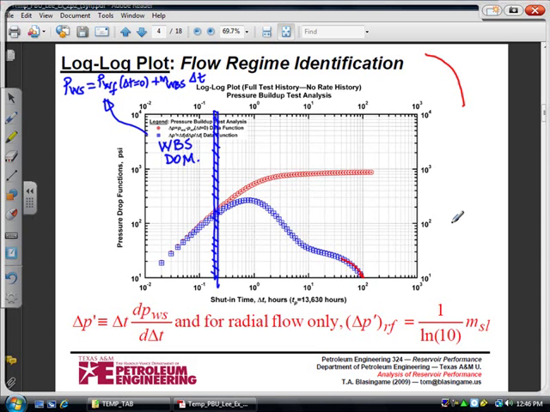So I am going to draw my second pole here. And I'm going to say boundary effects.